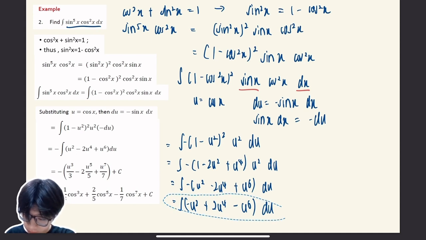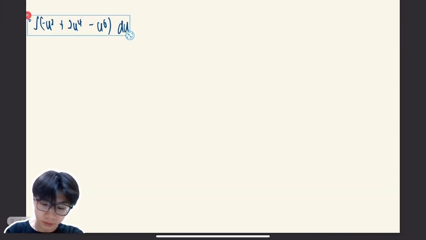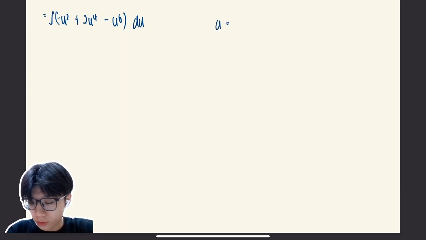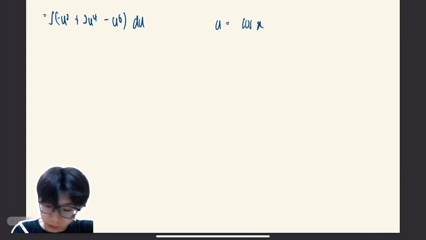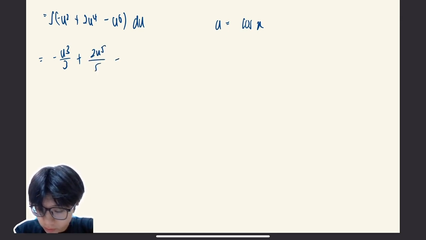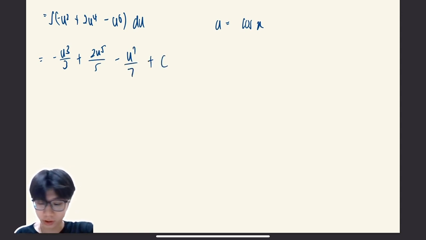Now we can do the simple integration, the basic part. Copy first. The basic integration. Remember u is equal to cos x. By integrating you will be getting u cubed divided by 3 plus 2u to the 5 divided by 5 minus u to the 7 divided by 7, and then remember the constant.